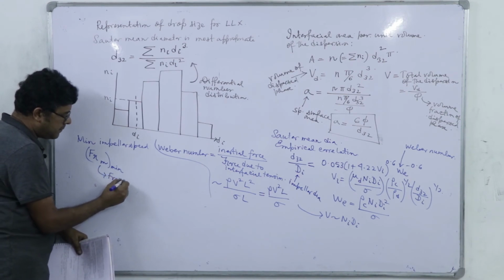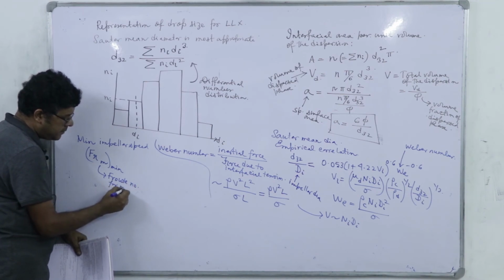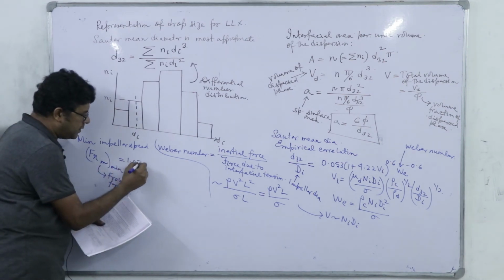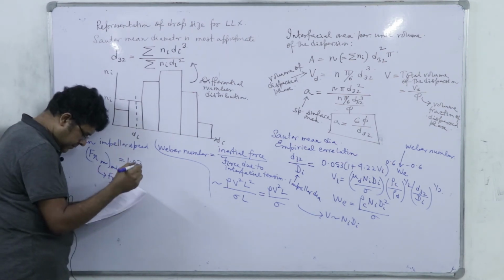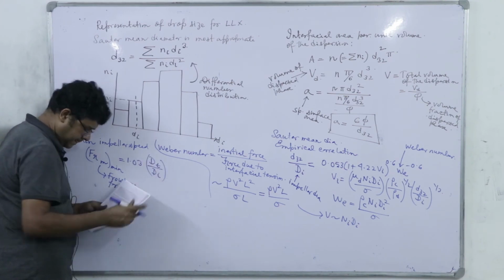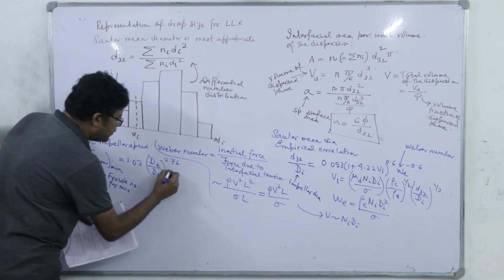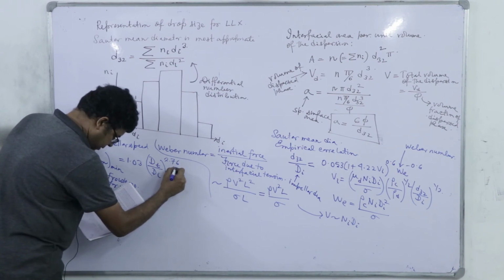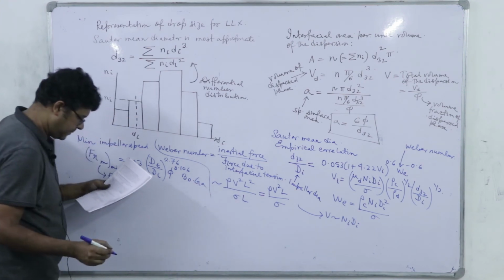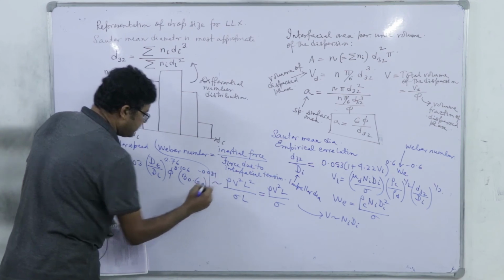Froude number for mixture, and that is equal to 1.03 into dt by di to the power 2.76 into phi, the volume fraction, to the power 0.106 into Bo into Ga to the power minus 0.089, right.